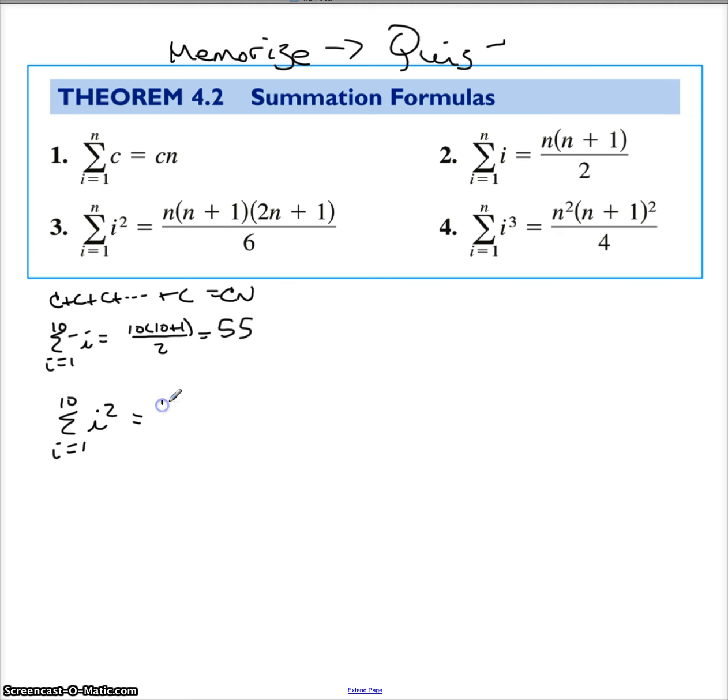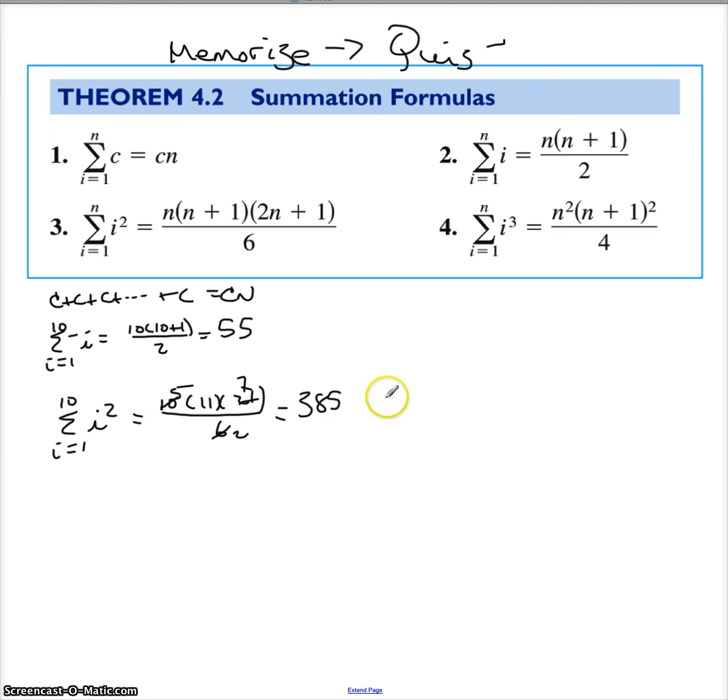This is 10 times 11, now 2n plus 1, so that's 21, divided by 6. So that's 7, that's 5. So you get 77 times 5, or 385.